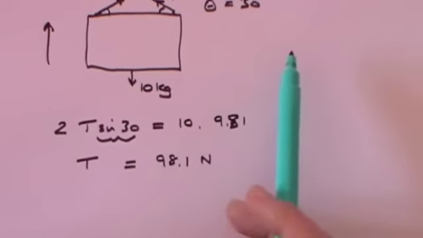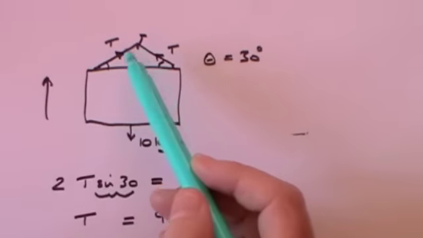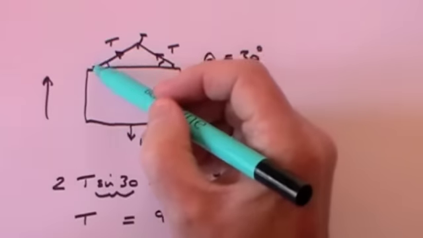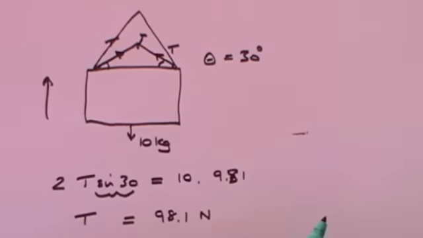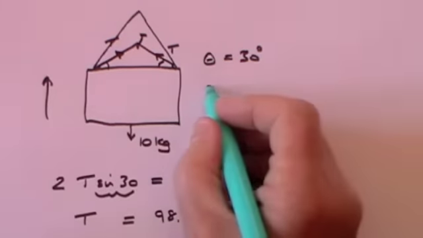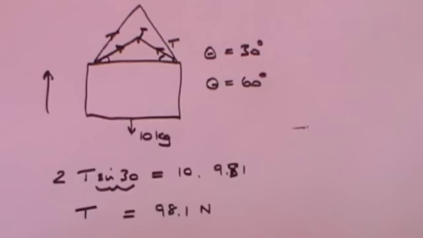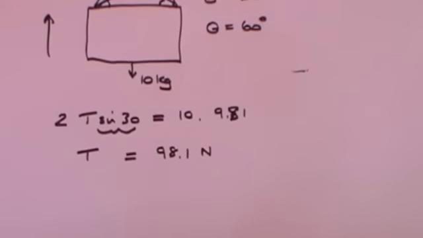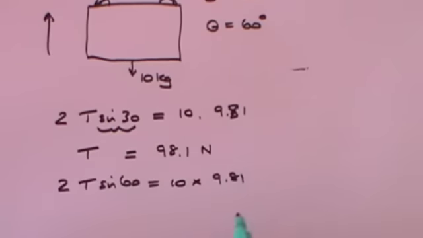So let's suppose that you arrange this picture frame such that the string had a much larger angle. This time you're going to hang the picture, as it were, like that, and the angle, instead of being 30, is now 60 degrees. How will that affect the tension in the string? Well, this formula will be the same, except that instead of sine of 30, we now need sine 60, is equal to 10 times 9.81.